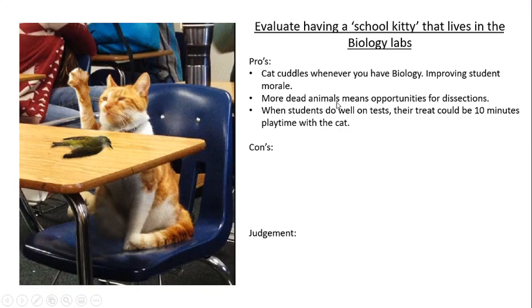Having more dead animals is a fact. I've identified it as a pro because it means more opportunity for dissection, therefore more you can learn as a student. Don't just quote the science you know. Expand it to explain to the examiner why it's a pro or why it's a con.